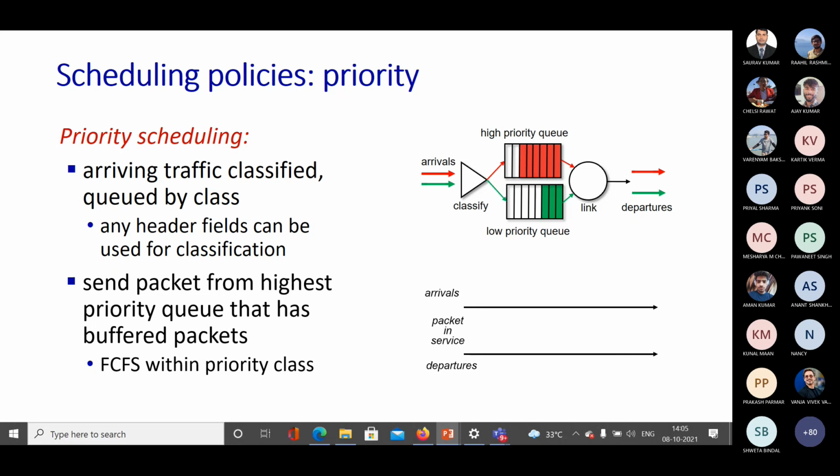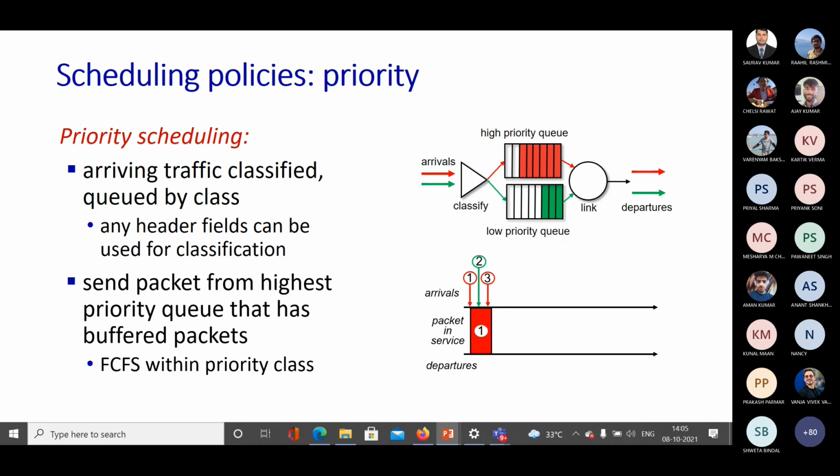So this is how the packet arrivals were happening. You have an arrival of a very high priority packet, and it will definitely be served because of its high priority, and it departs. Then we have number 2, which is a low priority packet, and then number 3, which is again a high priority packet.